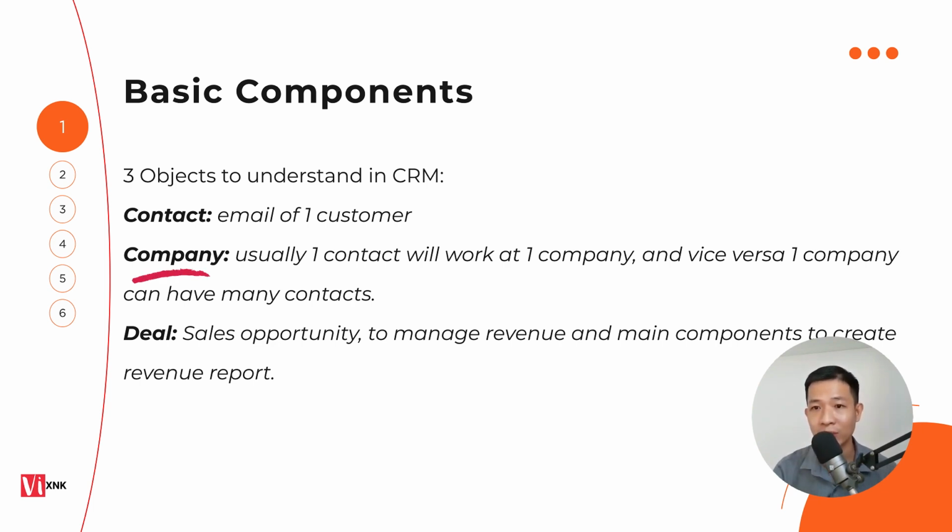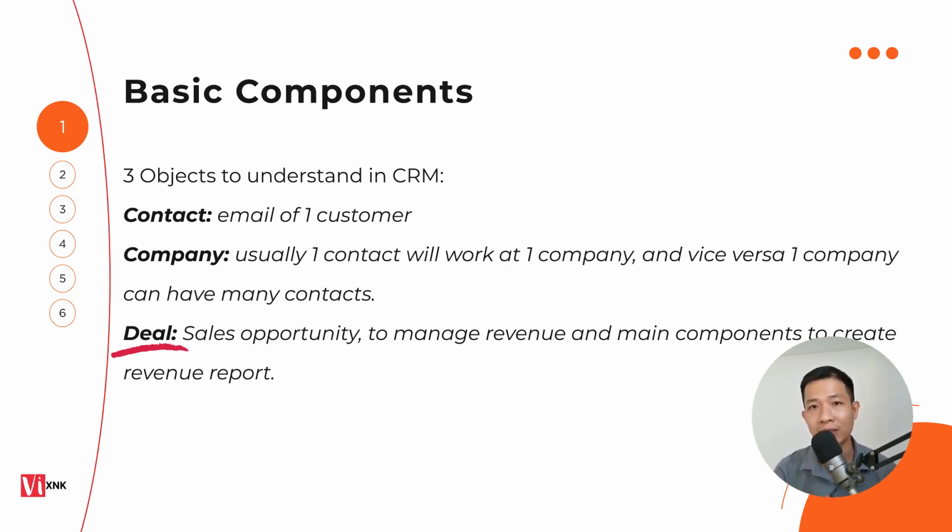There can be multiple contacts, meaning that within Company A, you can create a contact for Tony, a contact for Thomas, and so on. Many people can work at the same company. That's the relationship. The relationship between a company and contacts is one-to-many, while the relationship from a contact to a company is one-to-one.